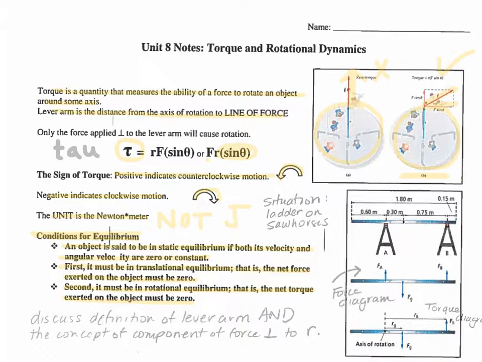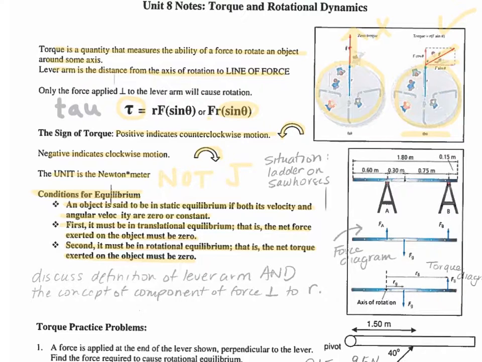Let's look at this force diagram for a sawhorse. Looking at this diagram, if I consider a sawhorse with a ladder on top of it, so here's the sawhorses, here's the ladder, I can draw two different kinds of diagrams. I can draw a force diagram, and I can draw a torque diagram.